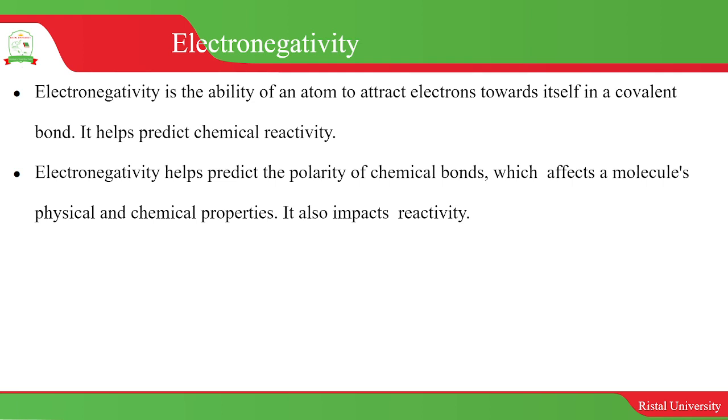Okay, so if you have a covalent bond between, let us say, carbon and oxygen, that means that electrons have been shared, but these electrons will be drawn closer to oxygen because oxygen is more electronegative. So that is the concept of electronegativity. Okay, it helps us in predicting the polarity of chemical bonds.